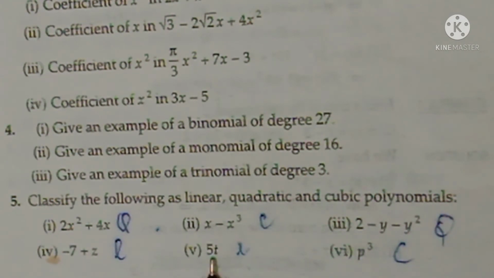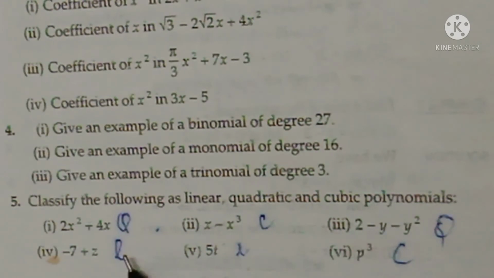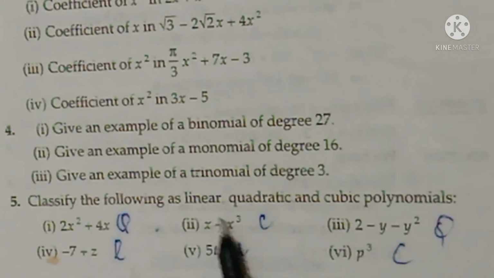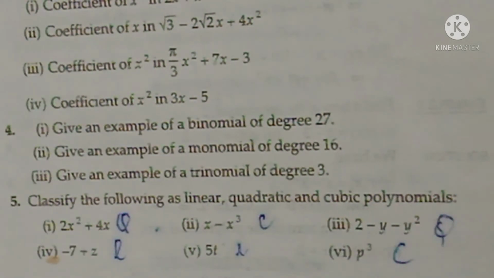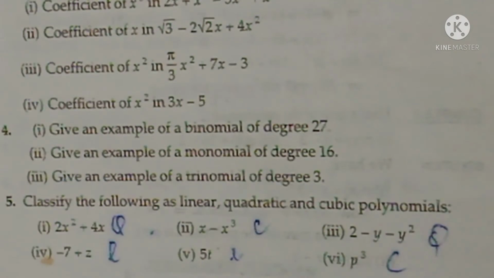It is also a linear polynomial because the variable has power 1. Now p cube, because the variable has power 3, it comes in the cubic polynomial. So exercise A is now completed, and I think it has been clear to all of you.